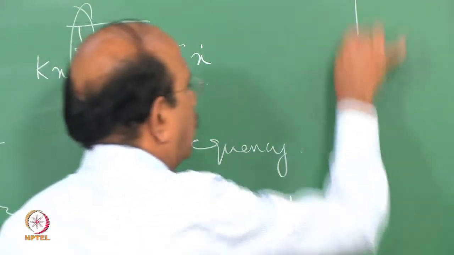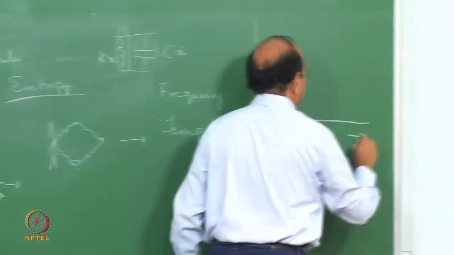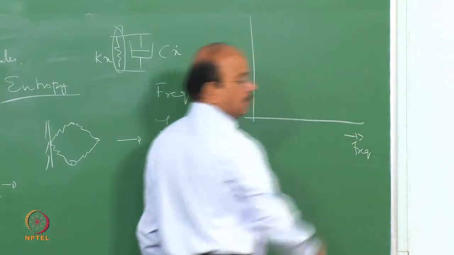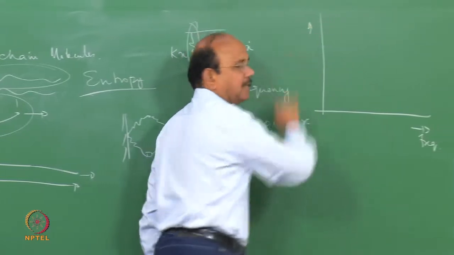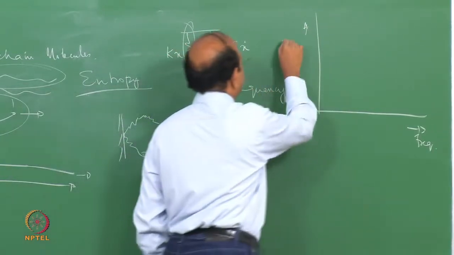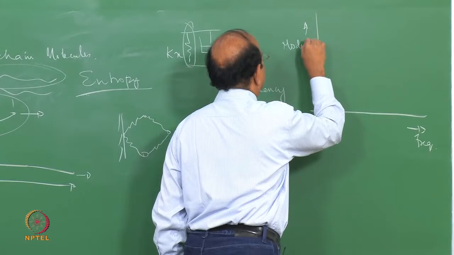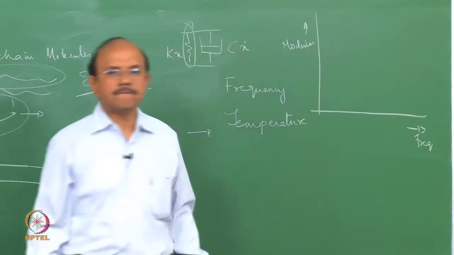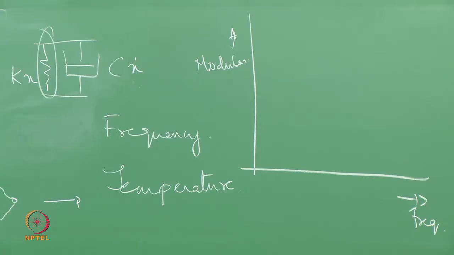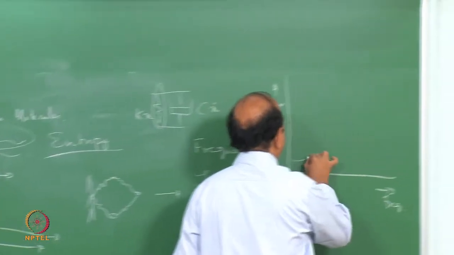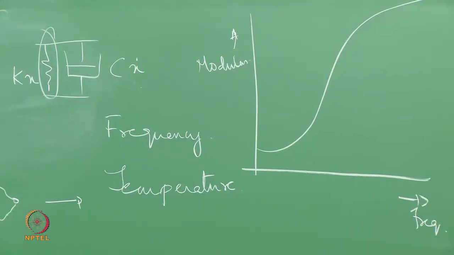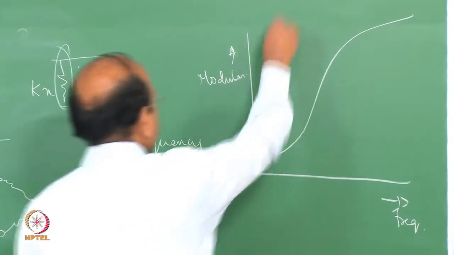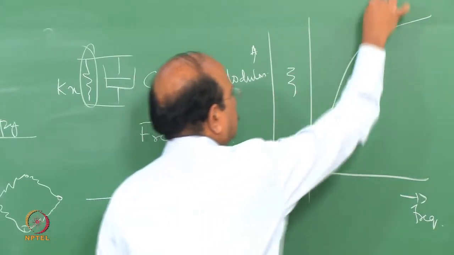So if I now plot this frequency versus what we call stiffness, in other words, modulus, how would it be? It would be like this, and like that. Here is the spring.